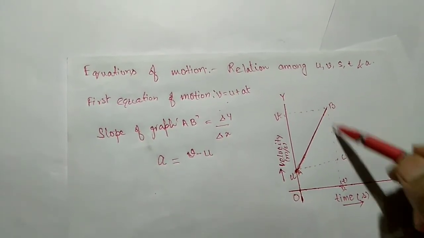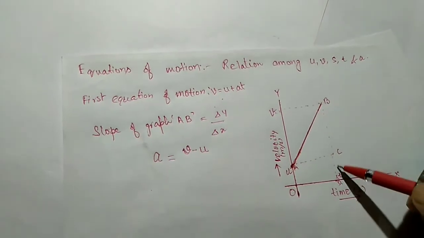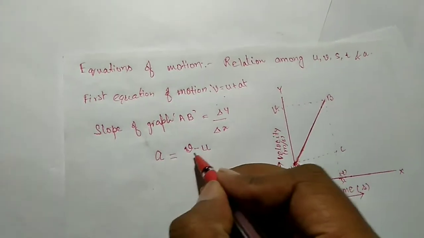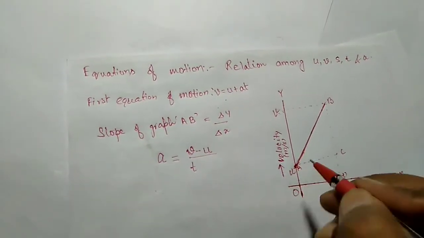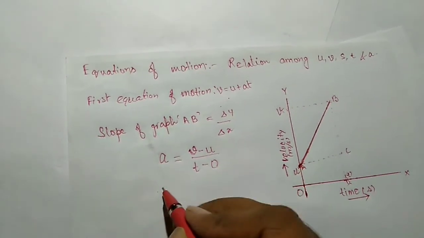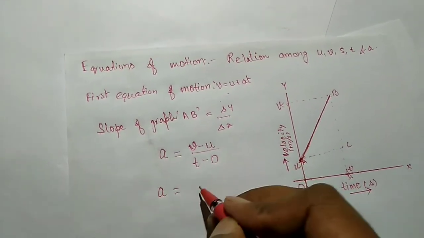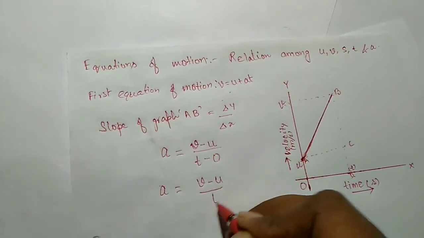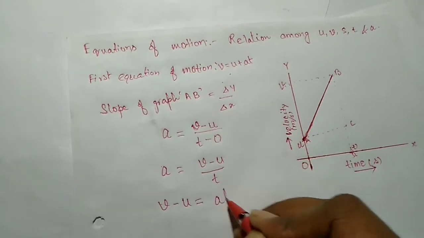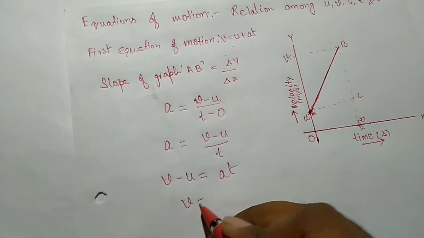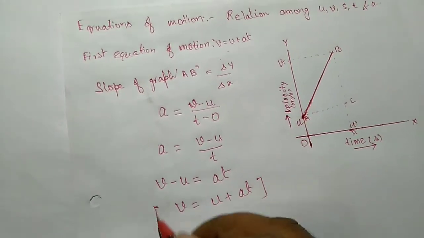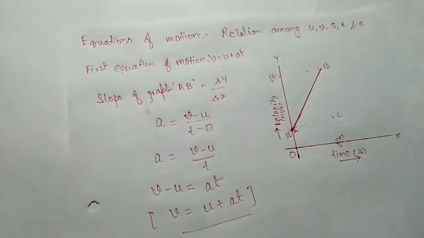Same way, change on x-axis, the final point is B. The value on the x-axis is t, minus the initial value 0, so t divided by t minus 0. On solving, a is equal to v minus u upon t, or you can say v minus u is equal to at, or you can say v is equal to u plus at. So we have proved our first equation of motion.